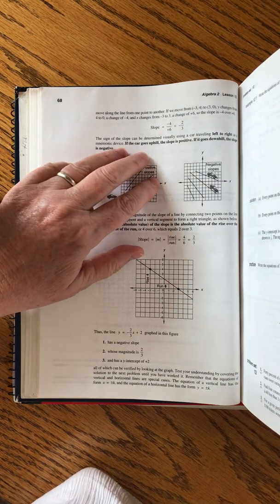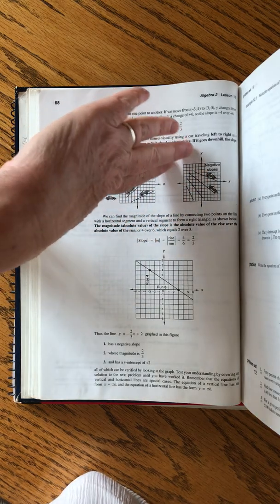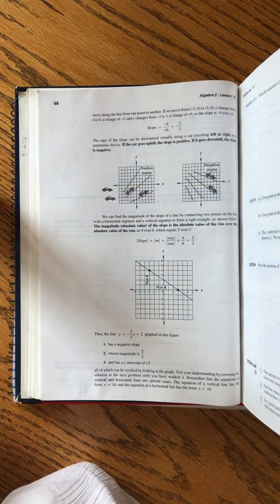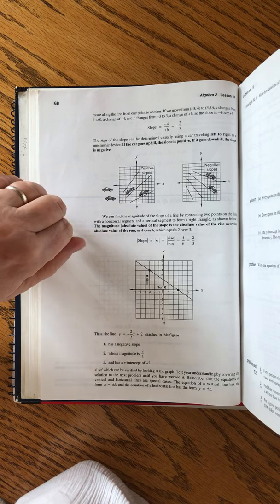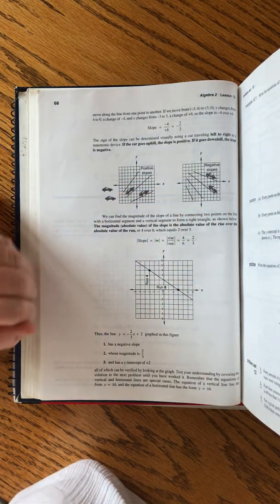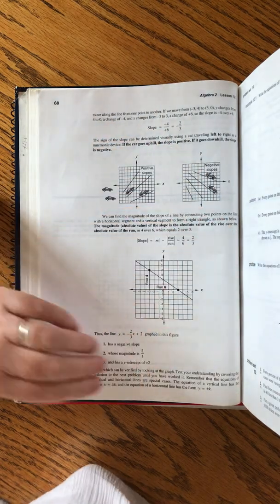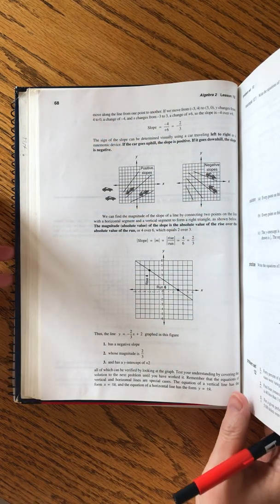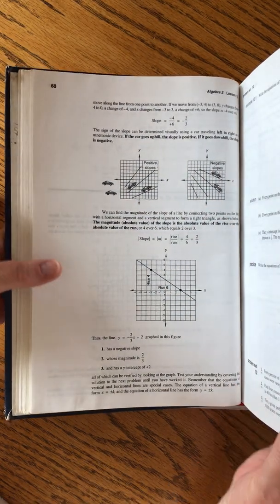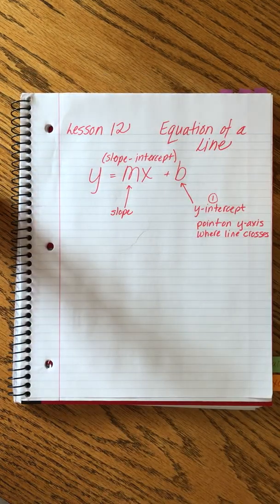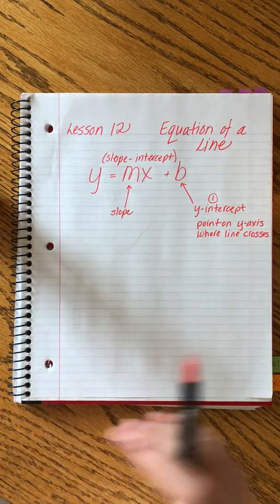So the car's driving up the hill. Negative slopes, in contrast, go downhill, if you imagine the little car. The cars are always driving from the left toward the right, just like we read a book. So uphill, positive, downhill, negative. Burn that little image into your brain, and you will be well on your way to remembering positive and negative slopes.